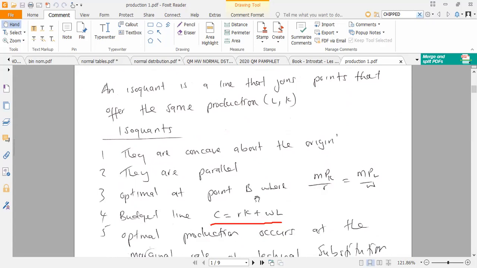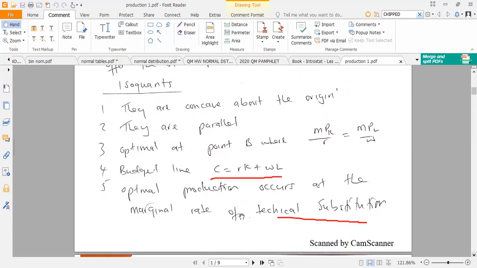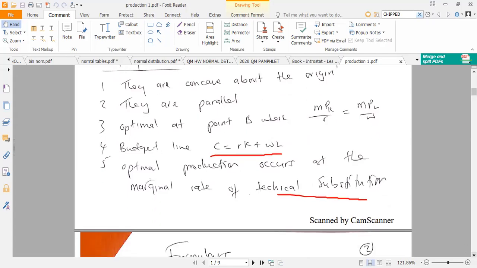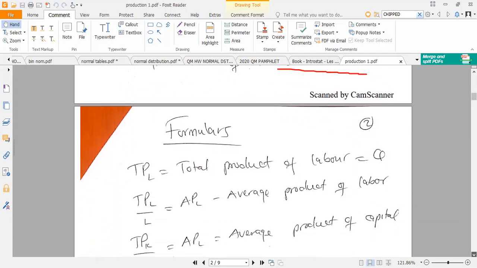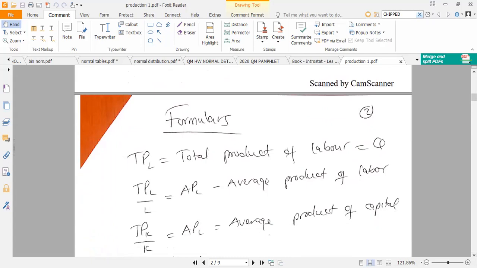They are optimal at a point where the budget line is tangent with the isoquant itself, at a point where MPK over the rent is equal to MPL over the wages. So the point B is called the marginal rate of technical substitution.